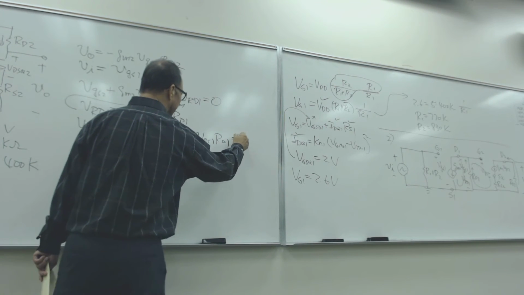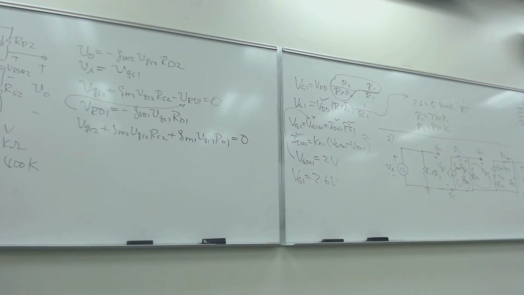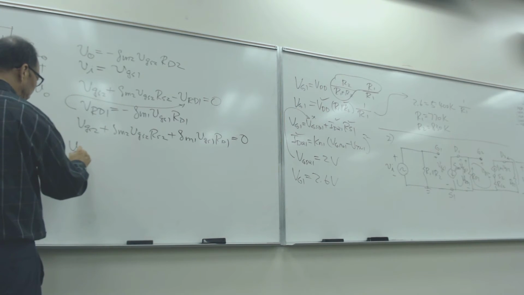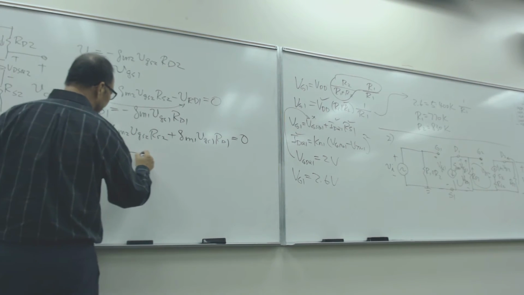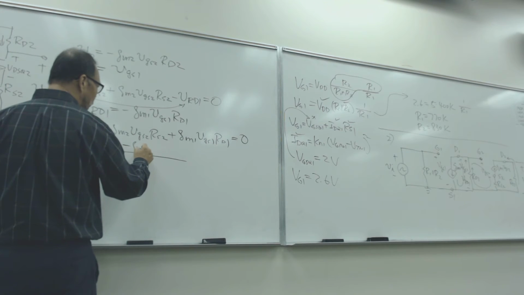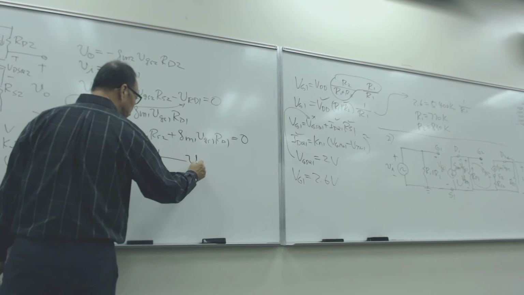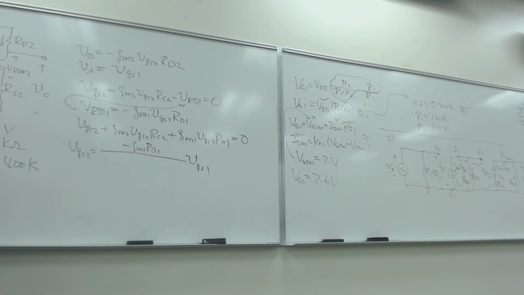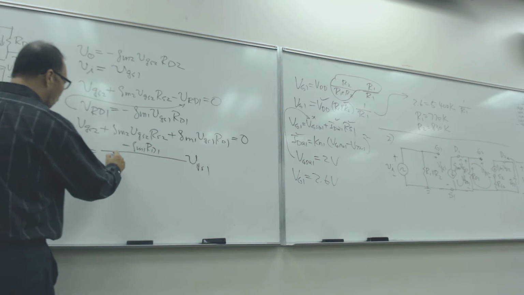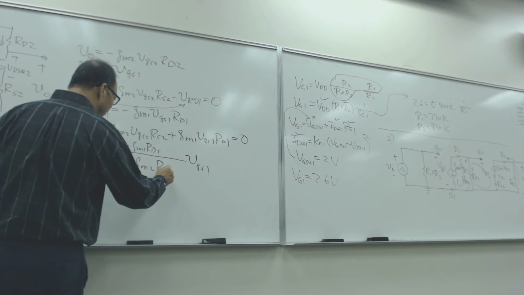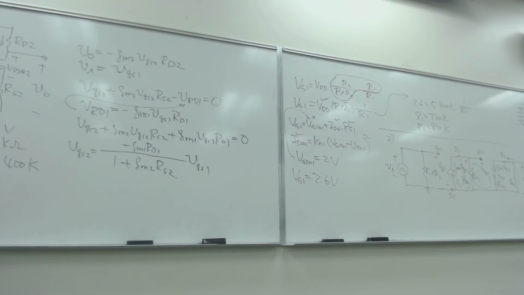Well, this is equal to 0, right? So which way you want to group, it doesn't matter, okay? Say you want to group VGS2, right? VGS2 equal to minus GM1 RD1 VGS1, yes? And then what's on the bottom? 1 plus GM2 RS2, correct?